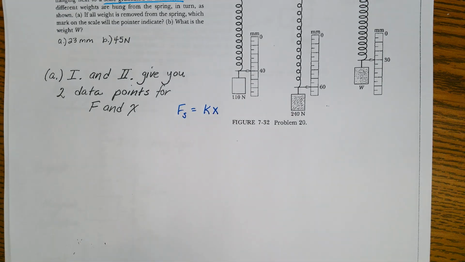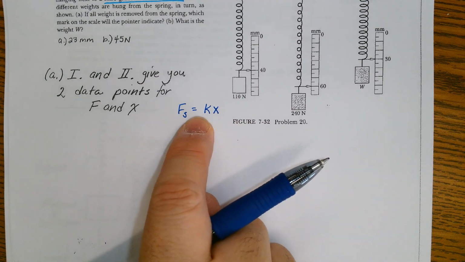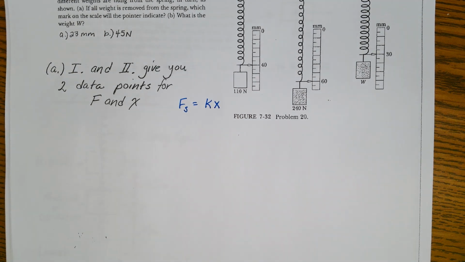We know force of spring is a restorative force. If you compress the spring in the negative direction, the force is going to want to come out to the positive direction. And if you stretch out in the positive direction, the force wants to go into the negative direction to come back. So that negative is just showing the direction.